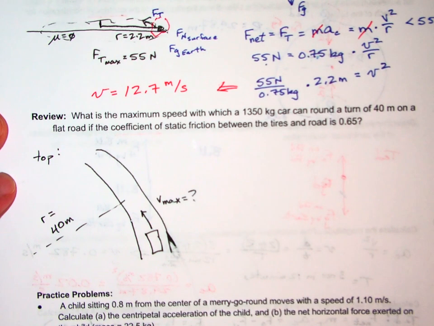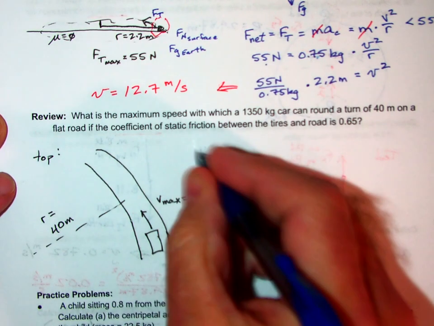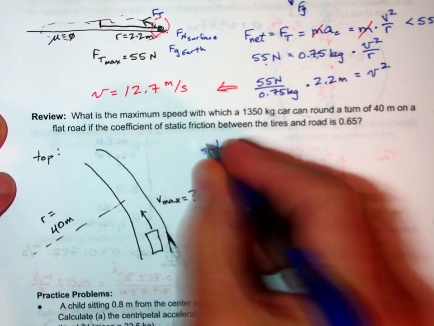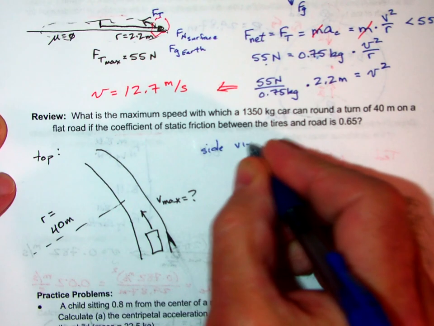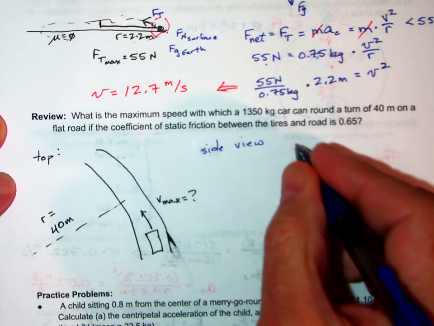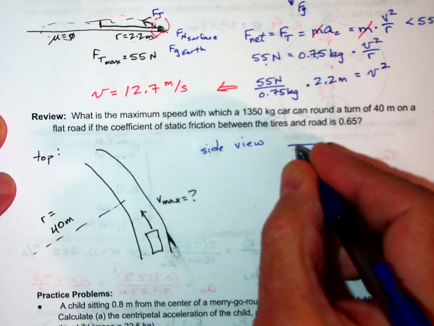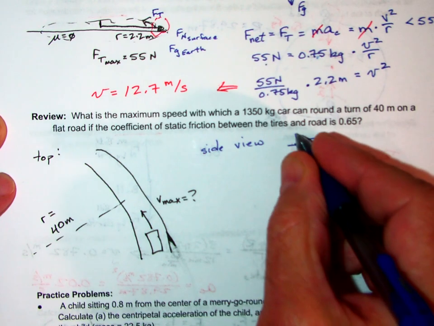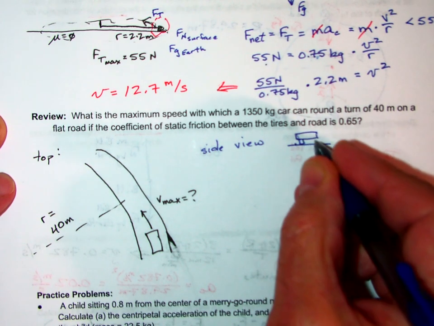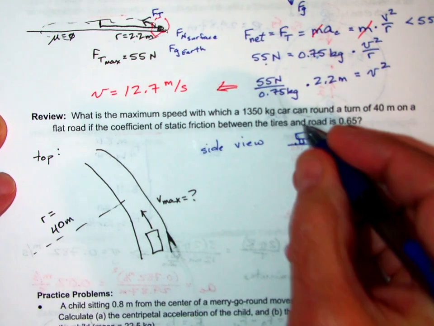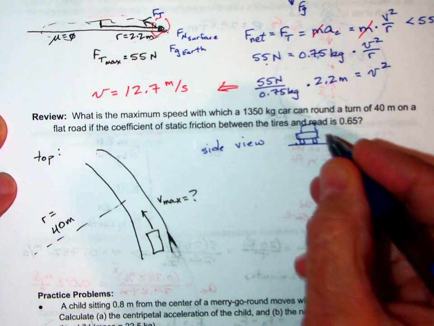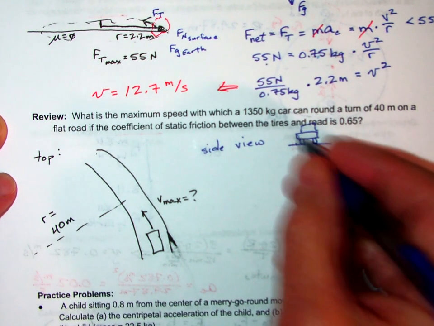So from the side, we've got a level road. And this car is on the road.